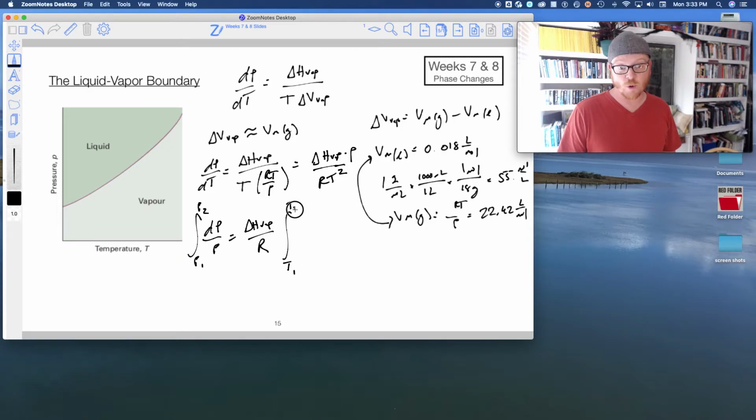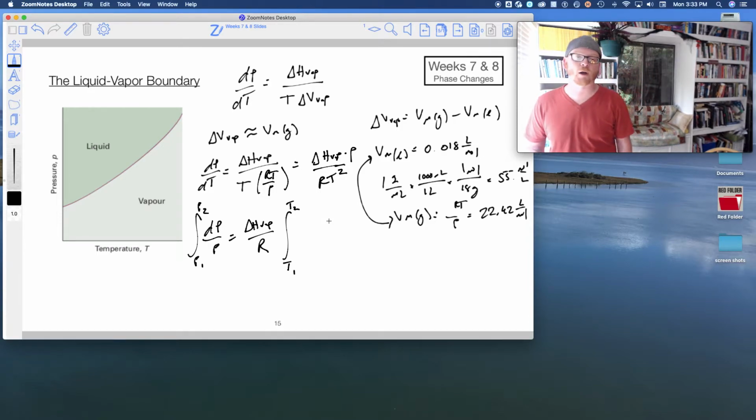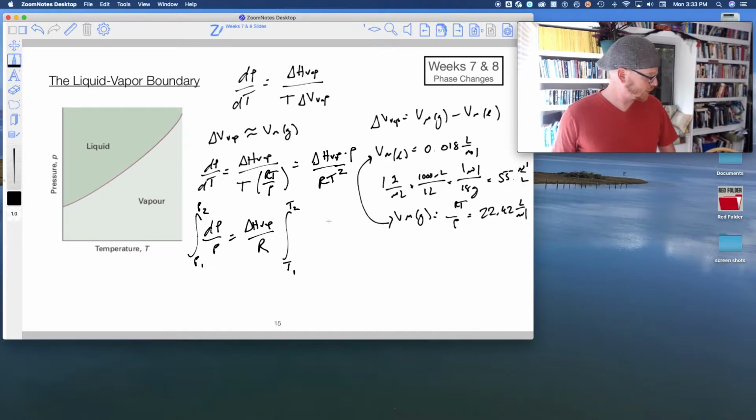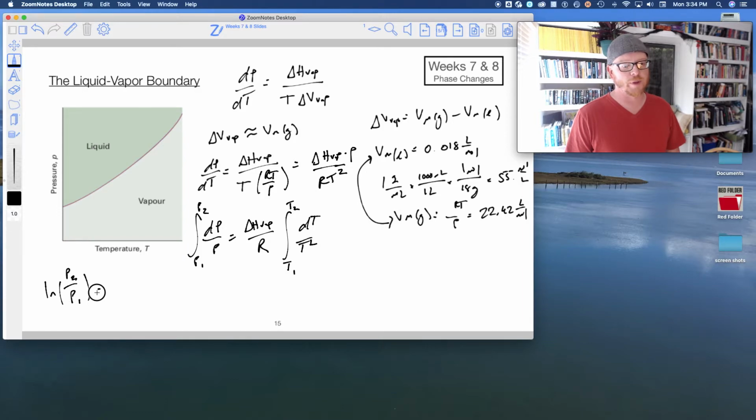It does, and of course, under certain conditions, this will lead to small error, and other conditions, this will lead to large error. And so now this is dT over T squared. Okay. So from here, I get a natural log relationship. I get natural log of P2 over P1 from this integral. And over here, I'll just do the integration real quick.